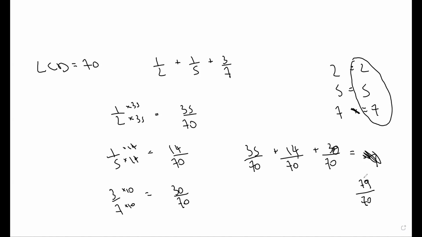Yep, so 79/70 doesn't look like it reduces, because 79, I'm not sure, but it seems like it's a prime number. So it looks like it wouldn't reduce. And some people like to write their answer as mixed numbers, and that's fine as well. If you want it mixed or as a regular fraction, just as long as your answer is fully reduced.